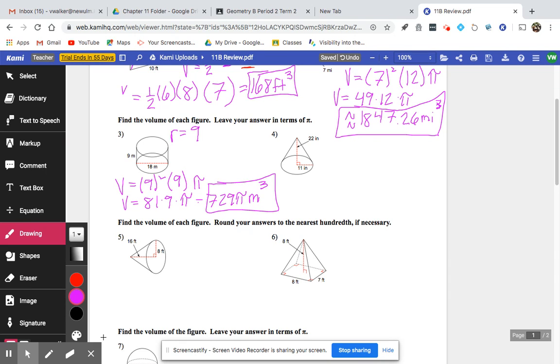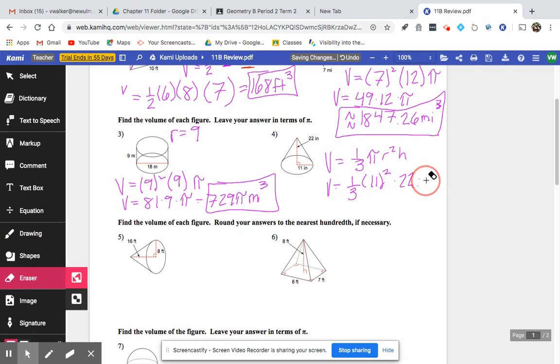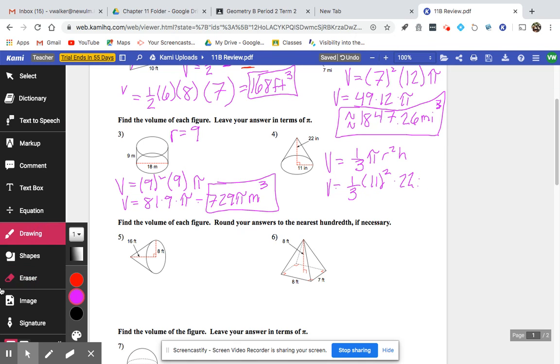Here we have a cylinder. Similar to, or not a cylinder, we have a cone. I know what I'm talking about, don't worry. It's similar to a cylinder, except this time we have a 1/3 in front of it. So it's 1/3 pi r squared h. So we have 1/3 times the radius, which is 11, squared times 22 times pi. There we go.